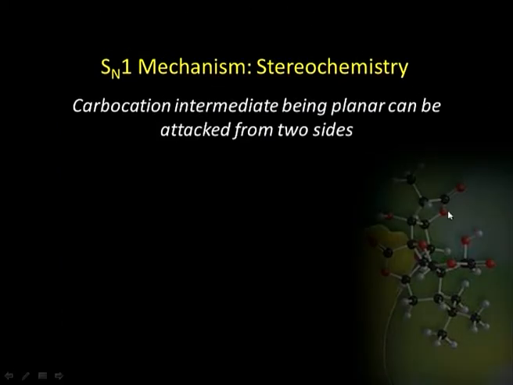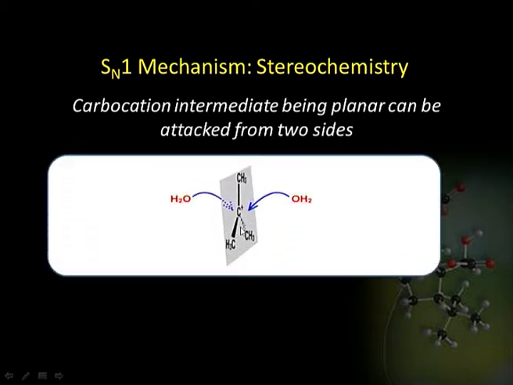The stereochemistry of the SN1 mechanism also shows that the intermediate in the SN1 mechanism is planar, and because the carbocation is planar, there is a possibility of attack from two sides.